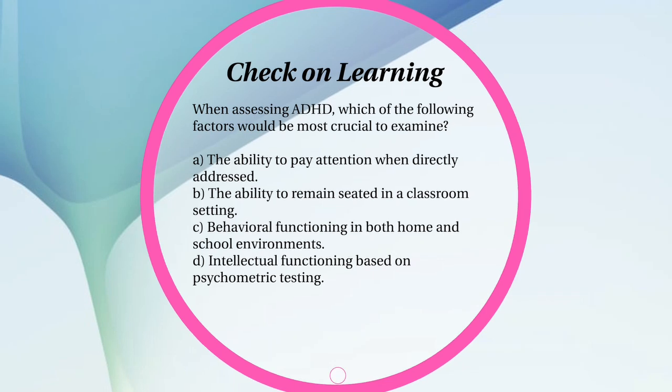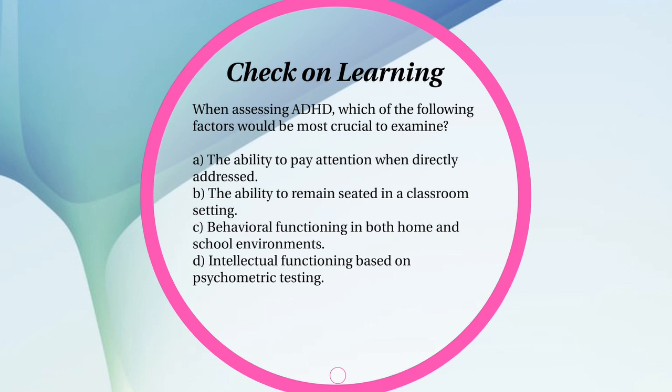So here is our check your learning. When assessing for ADHD, which of the following factors would be most crucial to examine? A, the ability to pay attention when directly addressed. B, the ability to remain seated in classroom settings.